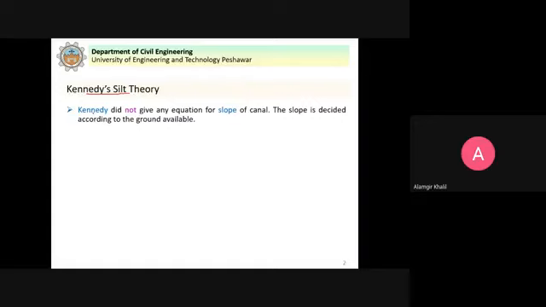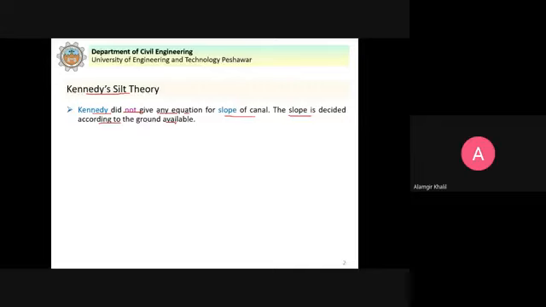Now, Kennedy's silt theory, we started in the previous lecture. So, Kennedy did not give any equation for slope of canal. The slope is decided according to the ground available. In his theory, Kennedy did not give any equation to calculate the longitudinal slope of the canal.